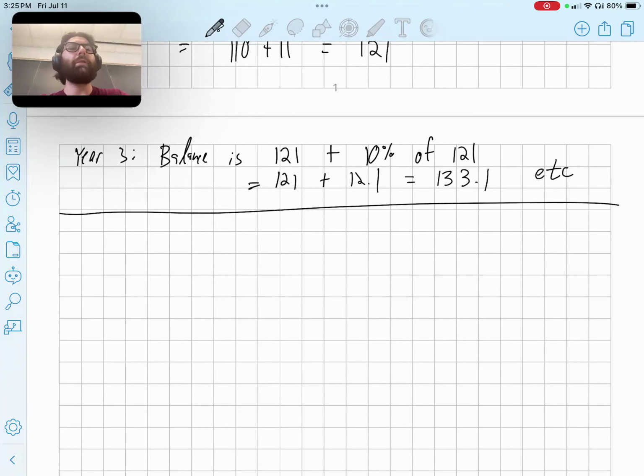And so compound interest, we can also compound more than once per year.